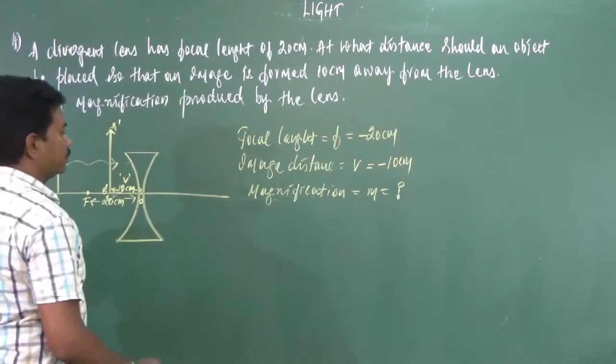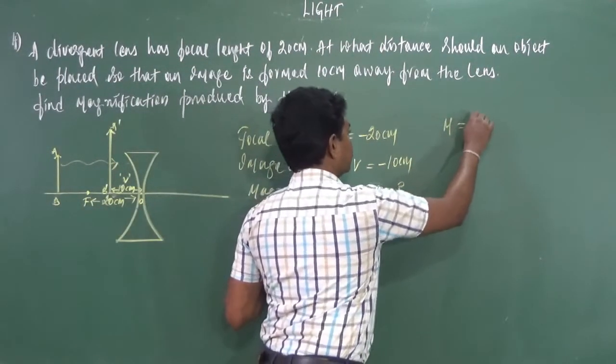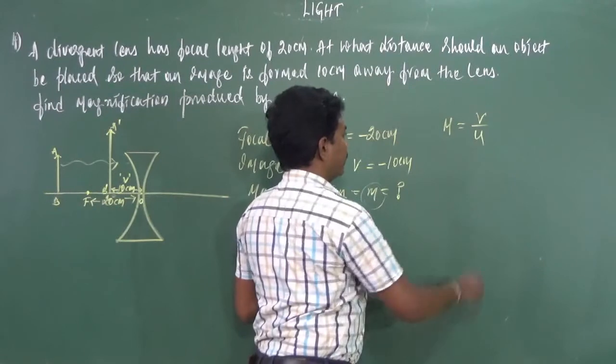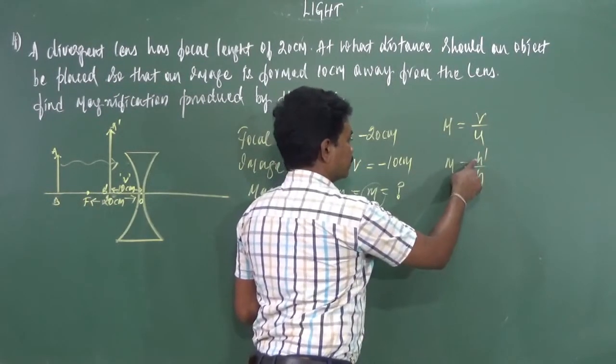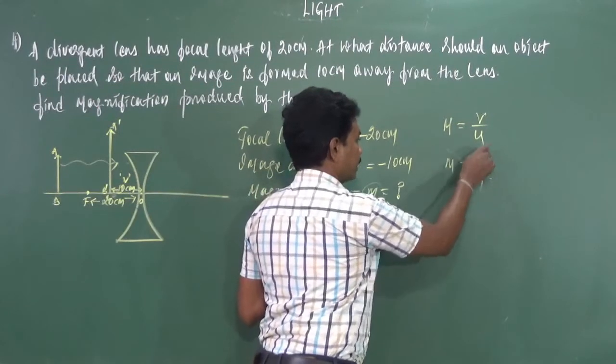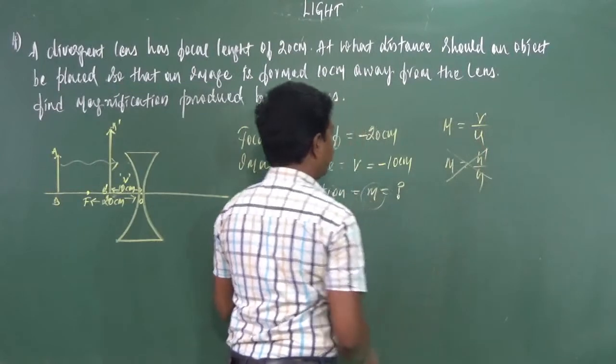In order to find the magnification, we have two formulas. One is M is equal to V by U, and the other is M is equal to H dash by H. Here we don't have H dash and H, so this formula cannot be used. Therefore, we have to use V by U.